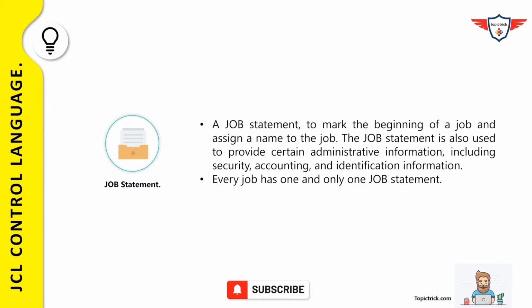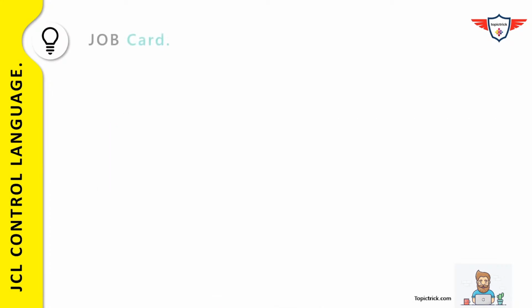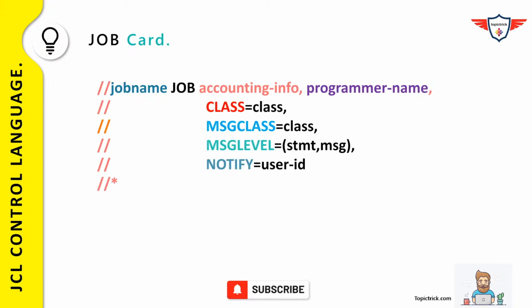Now, let's deep dive into the syntax of the job card. In this section, we will look at different parameters, for example, keyword parameters or positional parameters that are used to define a job card. The syntax of the job control statement is fairly simple and easy to understand. The only thing you need to remember is that you have to use positional parameters at a specific position, and then you can use keyword parameters as per your requirement.